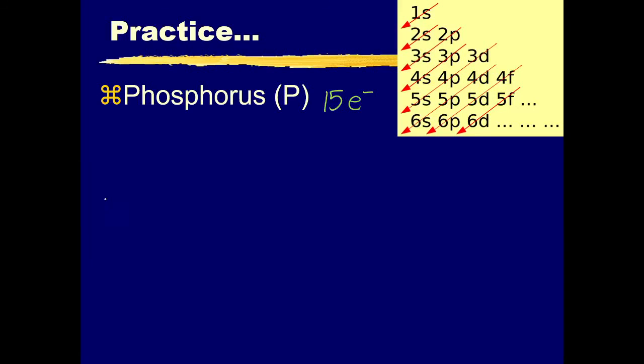What do I put first here? 1s. We have one box. Fill it up. 1, 2. Next to 1s is 2s. Fill it up. 1, 2. What comes after 2s? Is it 3s or 2p? Sige, go.